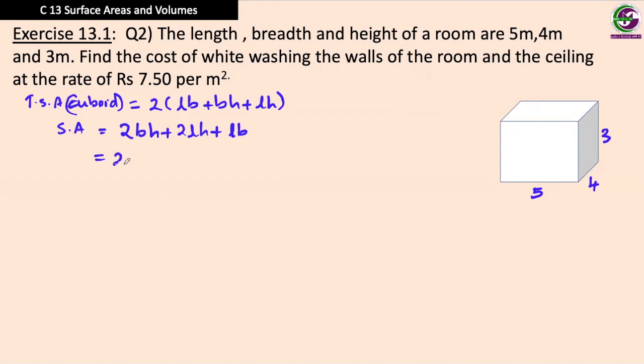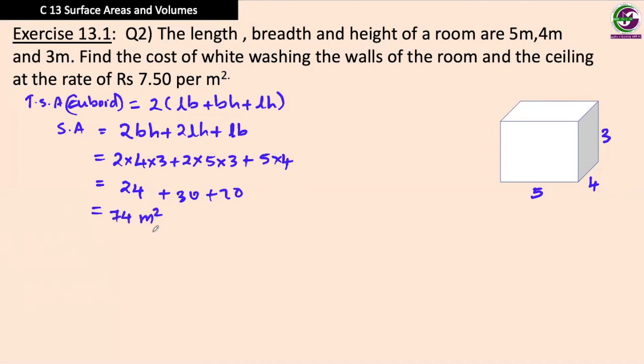So let us substitute: 2 times breadth and height, which is 4 and 3, length and height is 5 and 3, and length and breadth is 5 and 4, which is equal to 24 plus 30 plus 20, which is equal to 74 meter square.